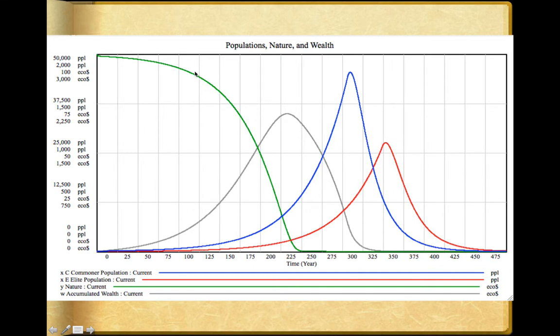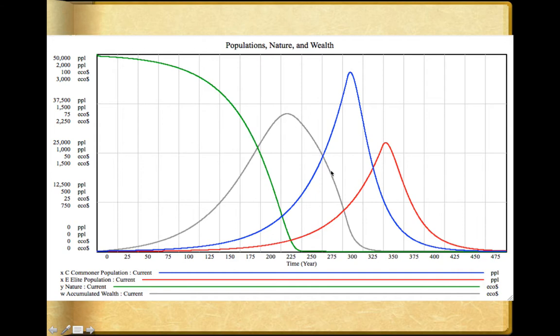Now, both populations essentially draw nature down. The commoners directly through extraction, the elites by interacting with the commoners, and through wealth. So, in growing and in depleting nature, wealth is produced.